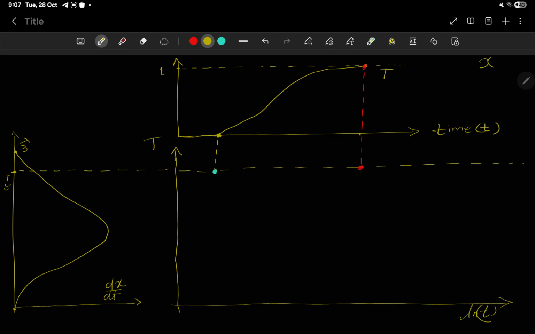This line corresponds to T, and let's draw one line corresponding to Tm. Tm is the melting point.